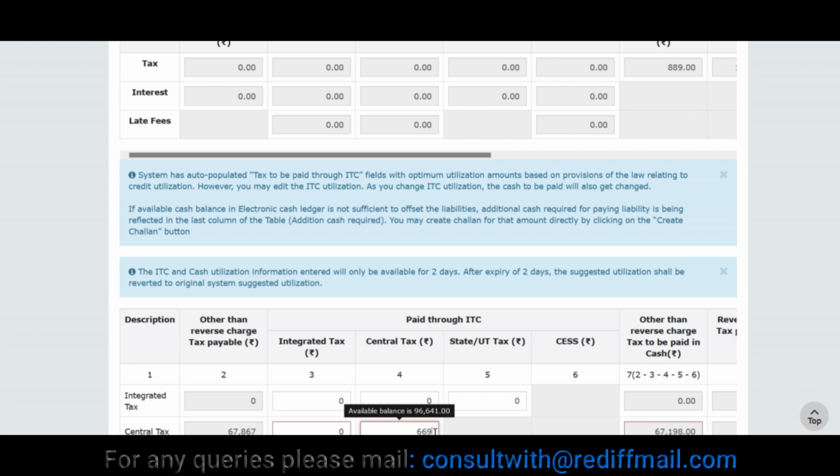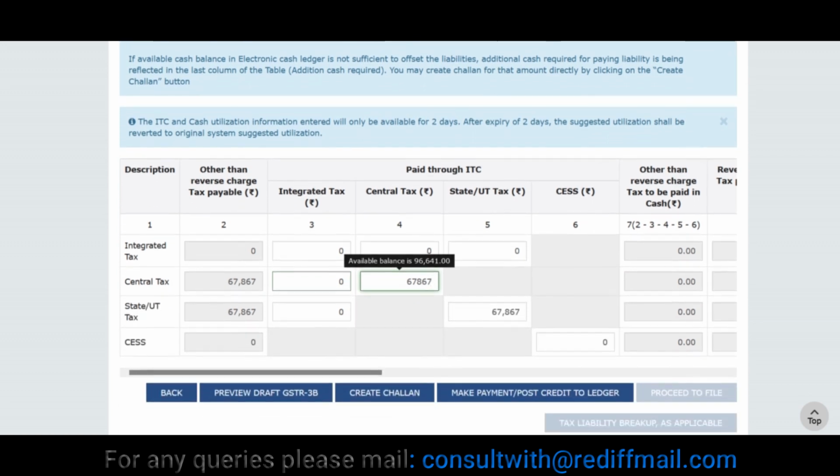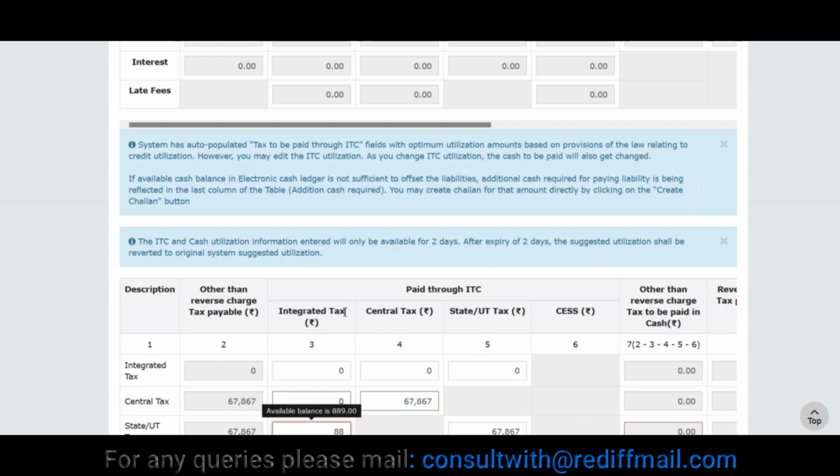If it is 0, then this is 67867, and here your available balance is 889.